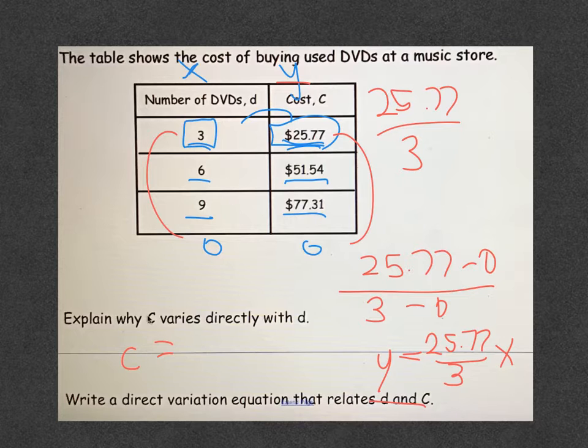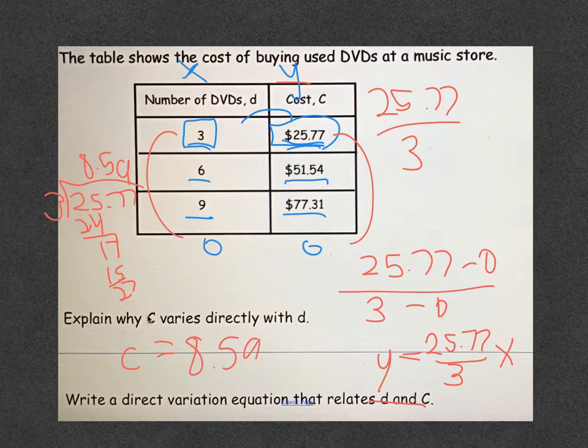That's going to get me that each DVD is going to cost me $8.59. So the total cost is going to equal the number of DVDs you buy times $8.59. And that's a direct variation equation.